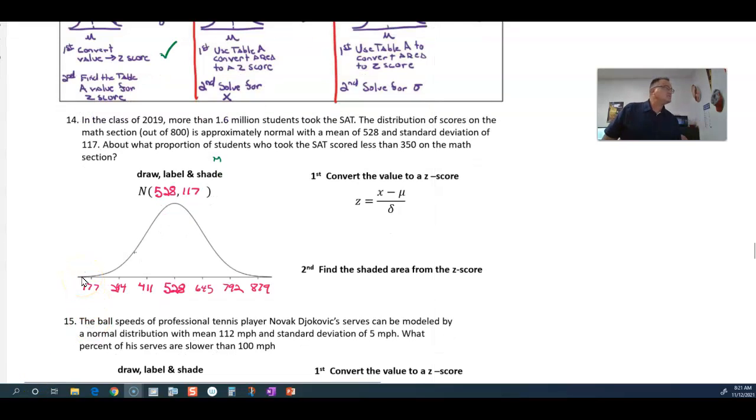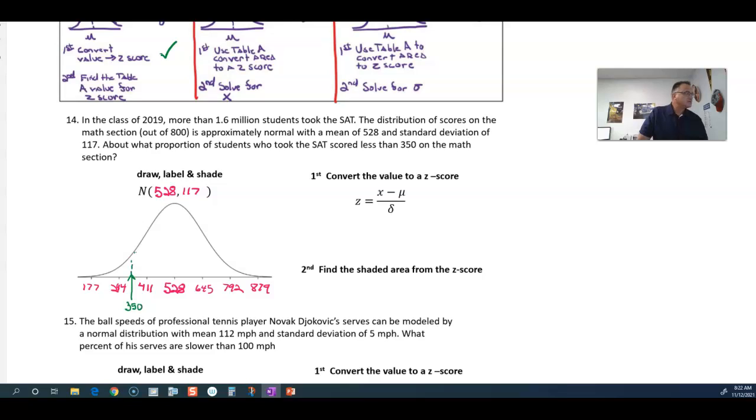Okay, so the question's asking you what proportion of students who took the SAT scored less than 350. So if I was to estimate where 350 is, it'd be between -1 and -2 standard deviations, somewhere in there. So I'm just going to kind of estimate 350, right?